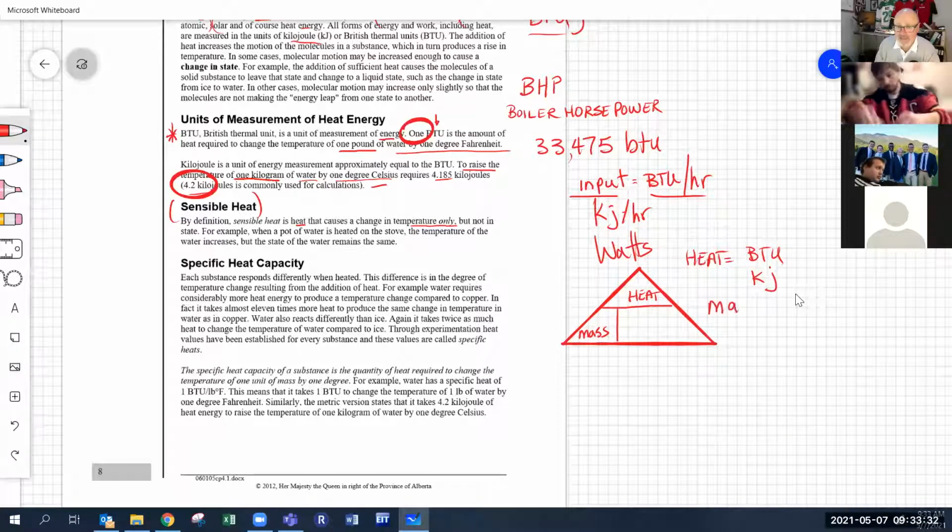The mass is always in pounds, LBS, or in kilograms. So our mass in this formula always has to be in pounds, or it always has to be in kilograms. And then in this formula, we're also going to have a delta T, and the delta T is for the temperature change.